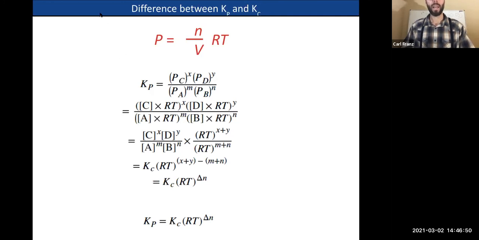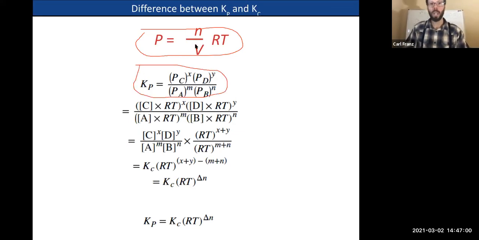So we take our ideal gas law, and we take our equilibrium expression, and we just plug in what P equals, right? n over V times RT. We plug that in down here for P.